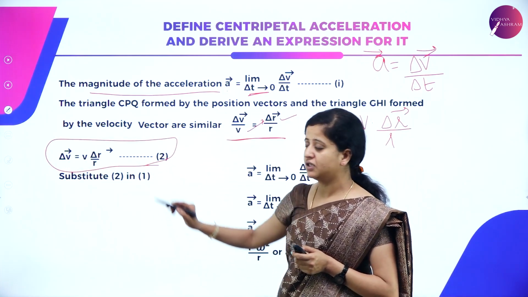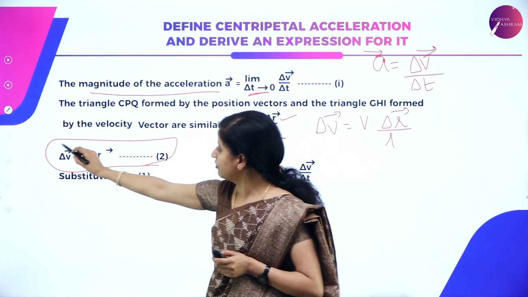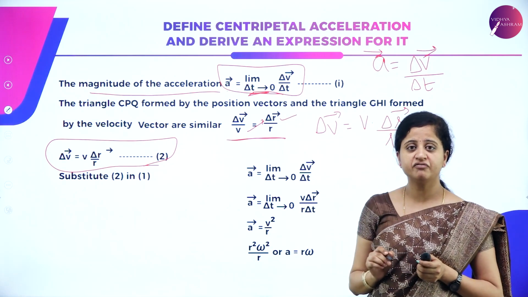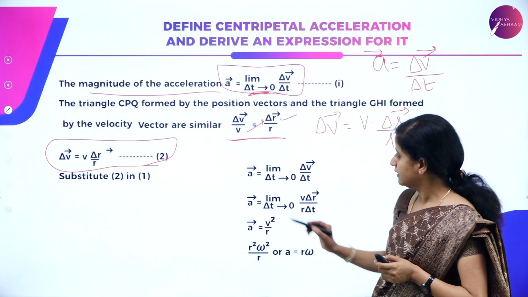Now let us substitute the second equation, which means the value of delta V, in our first equation. The first equation is nothing but the equation of acceleration. So what do we get?